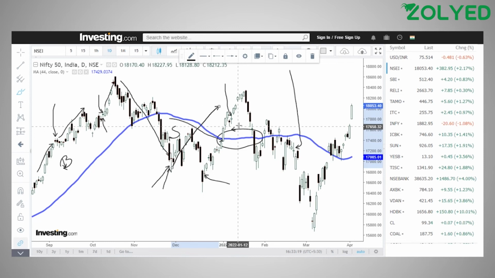And then again a doji appears and the market again goes up. So over here you will see that there is one more doji, and the market again starts rising. All right, so this is the beauty of stock market.